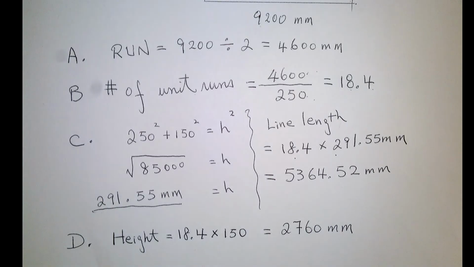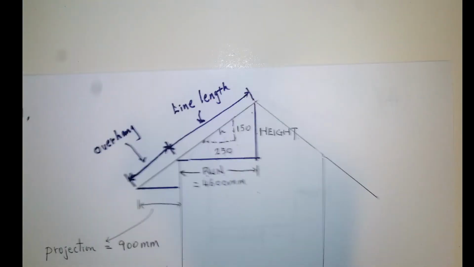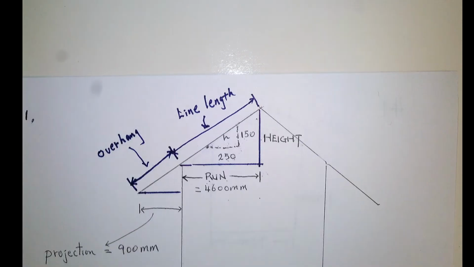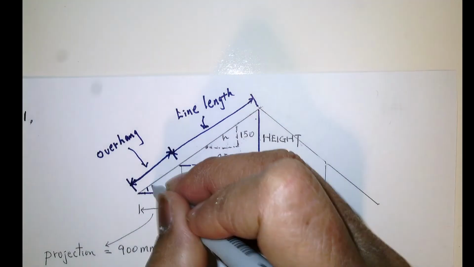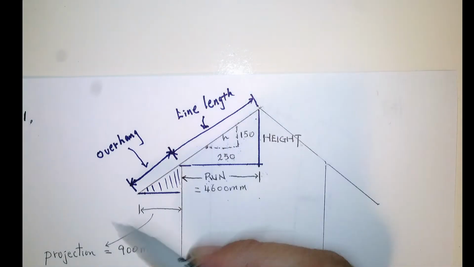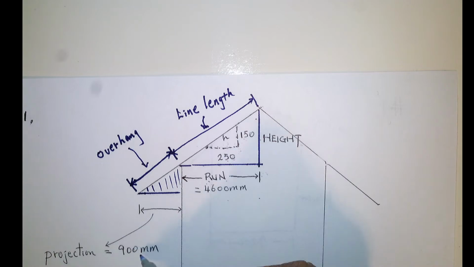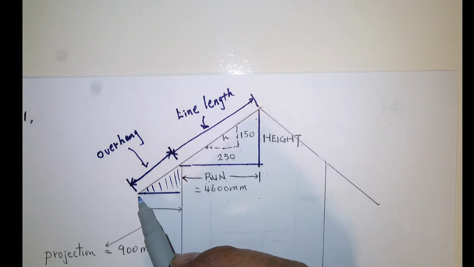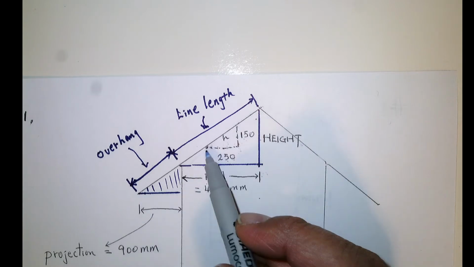These particular questions are asking you to finally realize calculating the overhang. Then we can follow the same rationale. The E part: now you look at this triangle. The projection is 900. At the very beginning, we compared 900 with 250.